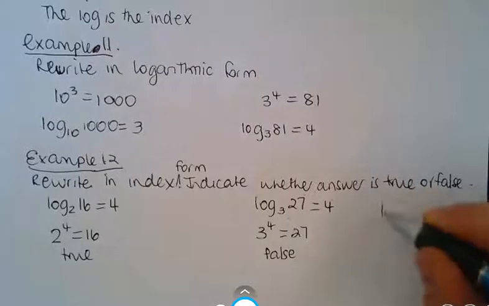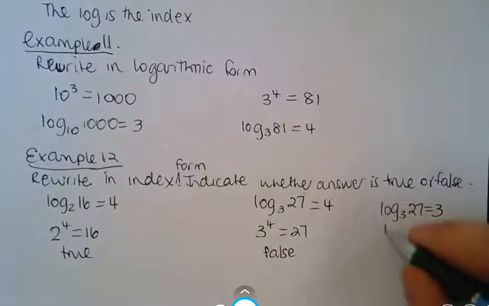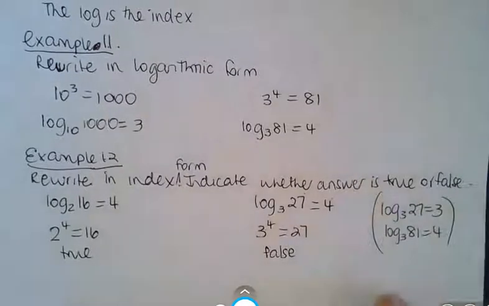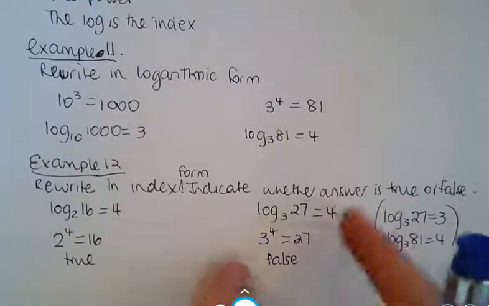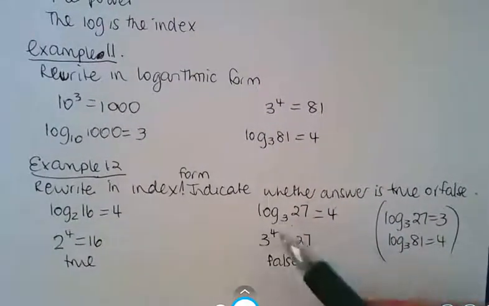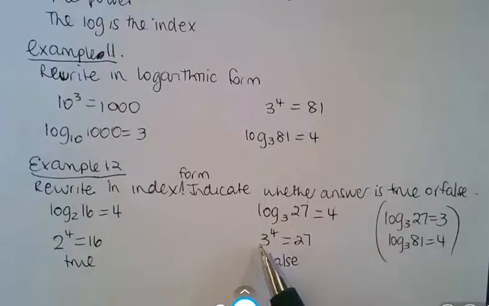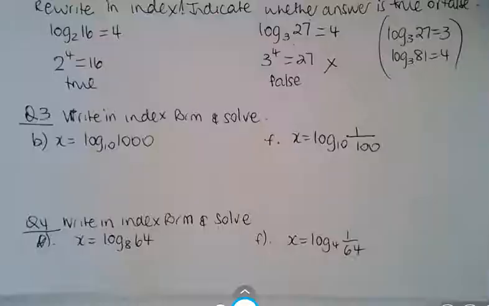We know that log to the base 3 of 27 is 3, or it should be log to the base 3 of 81 is 4. Those two are correct statements. This is an incorrect statement, that log to the base 3 of 27 is 4, because 3 is the base in my index. 3 to the power of 4 is 27. That's not true.